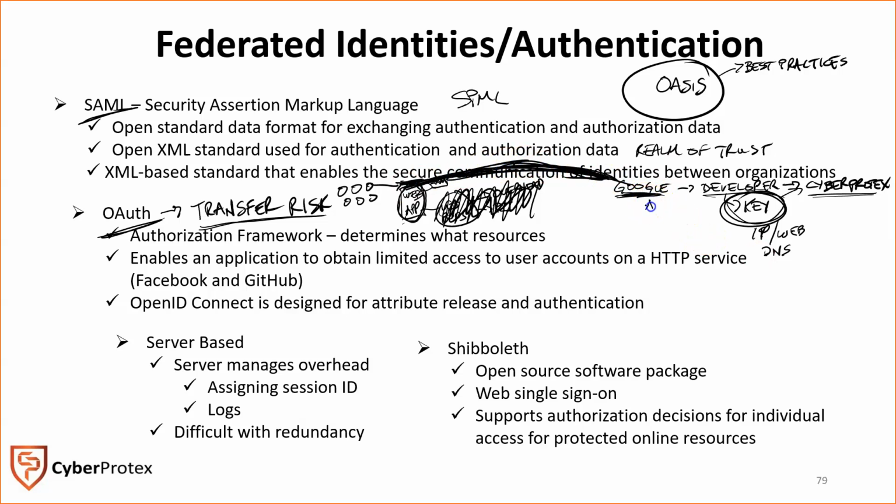Then you authenticate with Google, and if you provided the right stuff, Google will pass back and say, yes, they've been authenticated, let them in. And Google provides you with less than 50 lines of code.